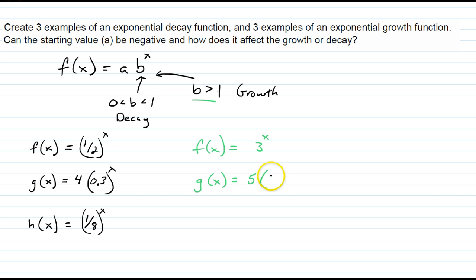Uh, 5 times 2 to the x. Doesn't matter as long as this number is bigger than 1. So we could do 2 times 7.6 to the x. Now the 7.6 is bigger than 1, so this would be an example of growth.